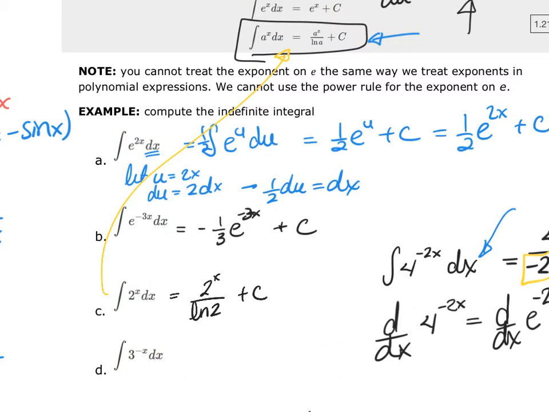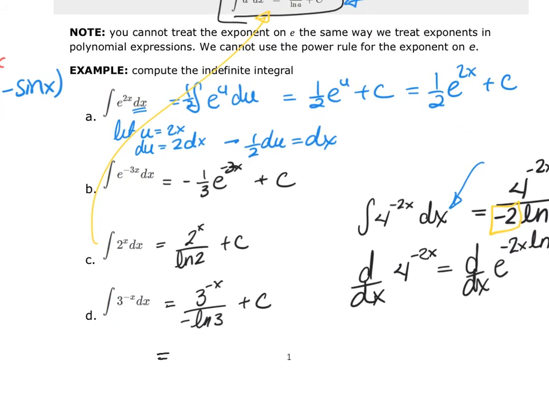However, on the second one, I do have to adjust for the fact I have a negative in there. So this is going to be 3 raised to the negative x divided by the negative natural log of 3 plus c. Or you can pull that negative out front. That's okay too. So what I mean by pulling the negative out front is I can just write this as a negative 3 raised to the negative x over the natural log of 3 plus c.